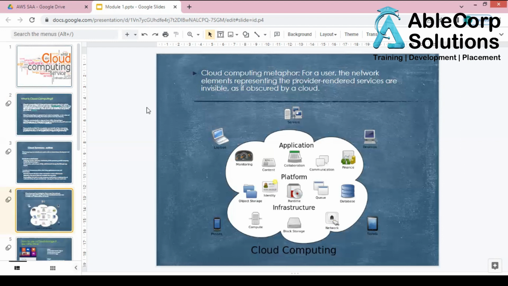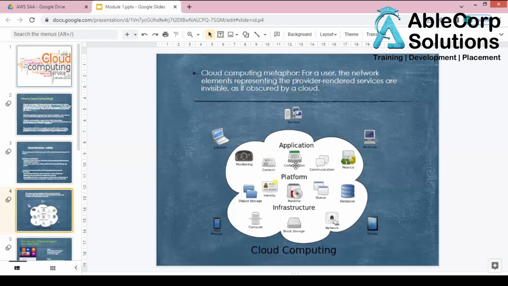Now if you see this diagram of cloud computing, we'll go from bottom to up. First we have the infrastructure. Infrastructure will cover networking, storage, processing power, anything which is physical, be it a computer, a hard drive storage, or a network.